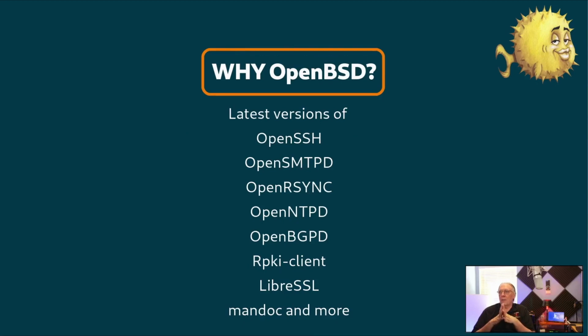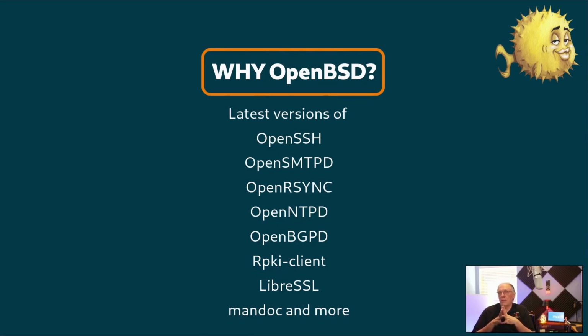So I don't know if you know this, but OpenSSH is actually a project sponsored and created by OpenBSD. So that's where it comes from. If you want the latest releases of OpenSSH, OpenBSD is going to give those to you. Also, there's OpenSMTPD, there's OpenRsync. Again, all of these are projects by OpenBSD.